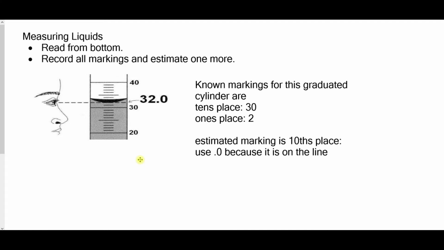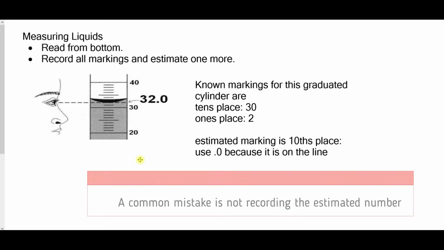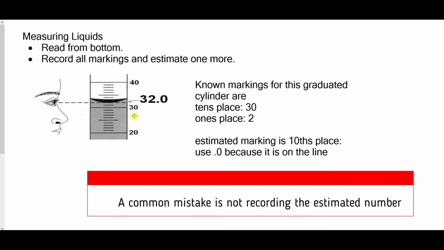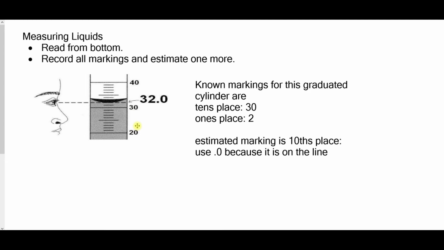So we're going to read from the bottom, and we're going to record all the markings and then estimate one more. So if we look, we know that we have markings, graduations. The larger ones are in the tens place, and if we look, we are above 30, so we know it is at least 30.